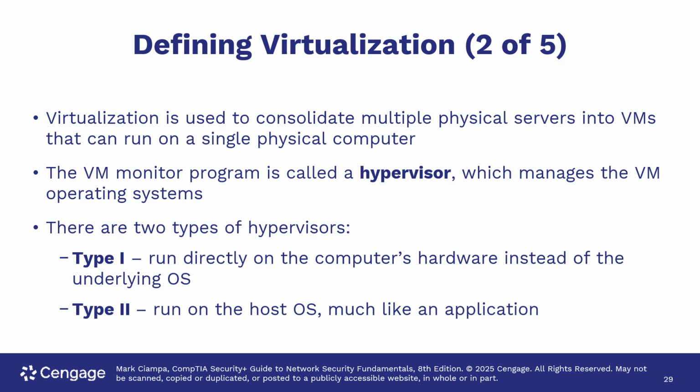There are 2 types of hypervisors. Type 1 runs directly on the computer hardware instead of the underlying operating system. So when you boot it up, it's going to run that hypervisor, and then it's going to load the virtual machine. Type 2 runs on the host operating system, much like an application.